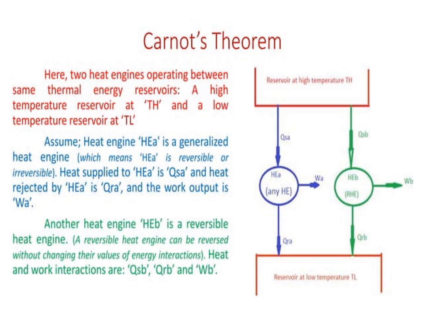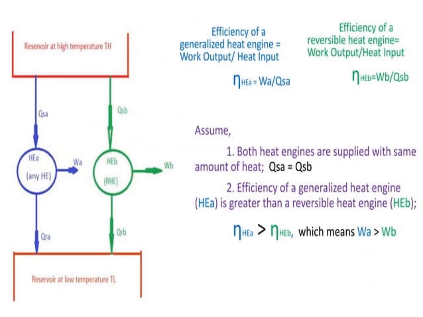And next, in this slide we can see the efficiency of engine A and engine B. We already said that engine A can be considered reversible or irreversible, and here we are assuming it is irreversible, HEA, and HEB is the reversible engine.